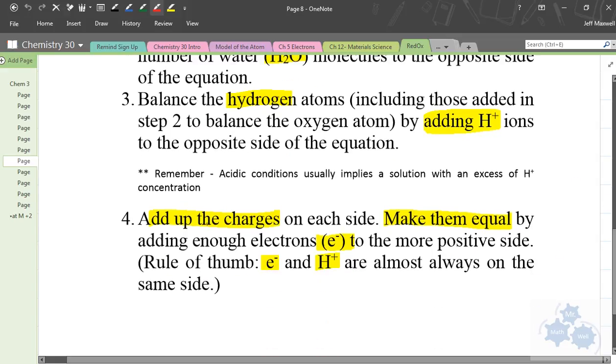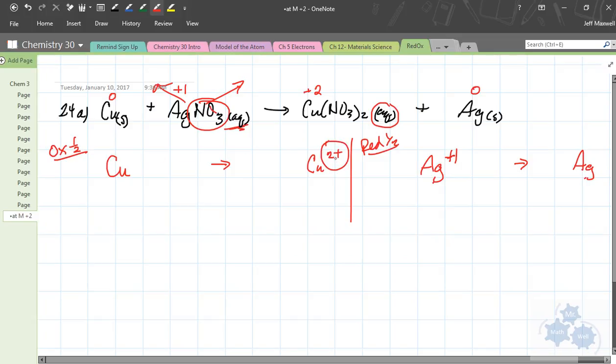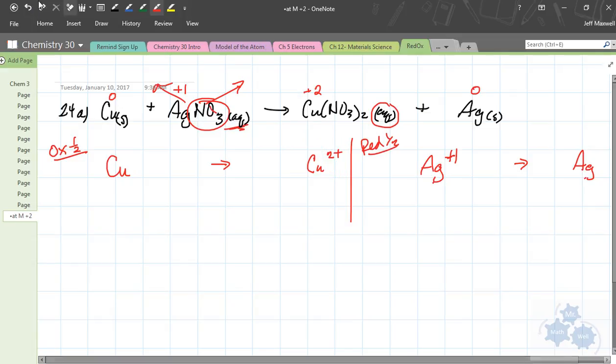Let's go to 4. Add charges on both sides, make them equal by adding electrons to the more positive side. Okay. So, you see how in the oxidation half, this is a 2 plus. On this side it's 2 plus, this side it's 0. So how do I get them both to be 0? Yes, that's correct. You have to add 2 electrons over to this side.